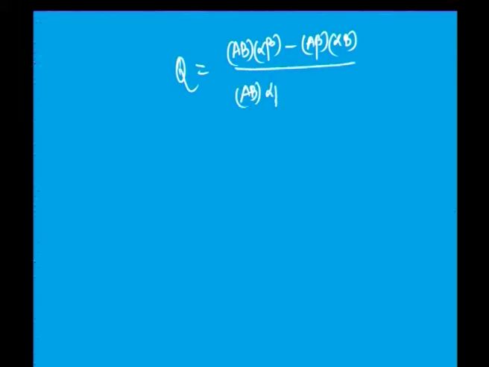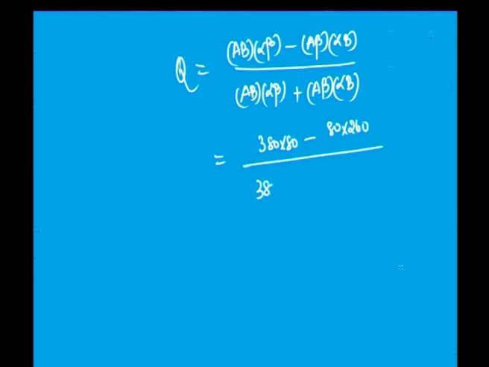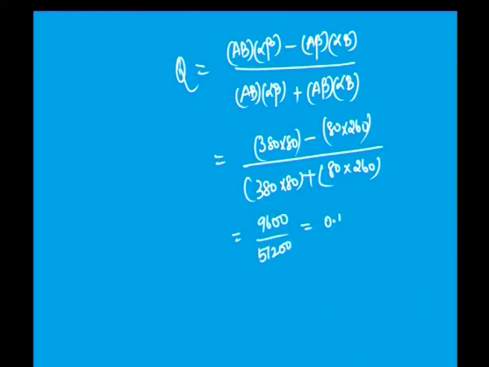So, AB into alpha beta plus A beta into alpha B. Substitute all the values from the 2 cross 2 table we have just found out, that is 380 into 80 minus 80 into 260, the whole thing divided by 380 into 80 plus 80 into 260. After simplification, this is 9600 by 51200, which is equal to 0.1875, and this is greater than 0.